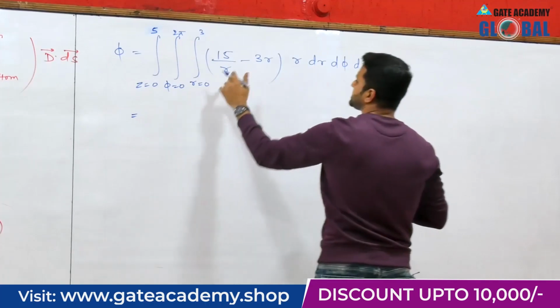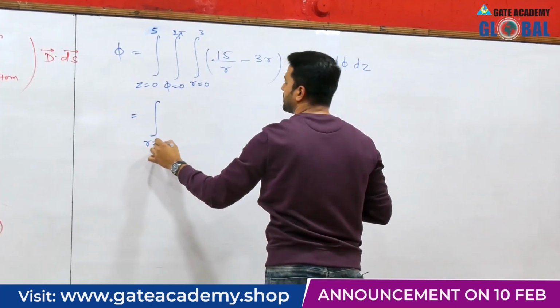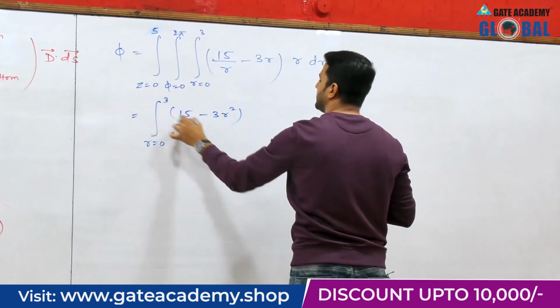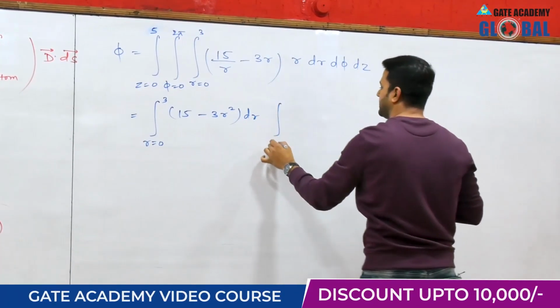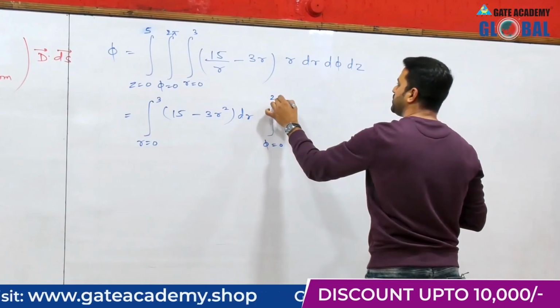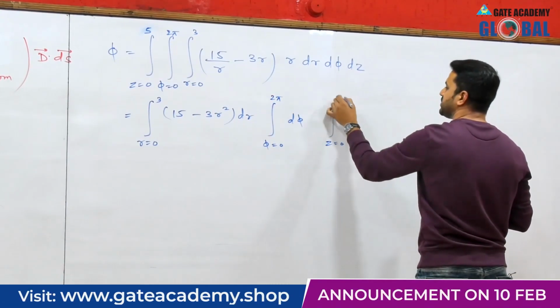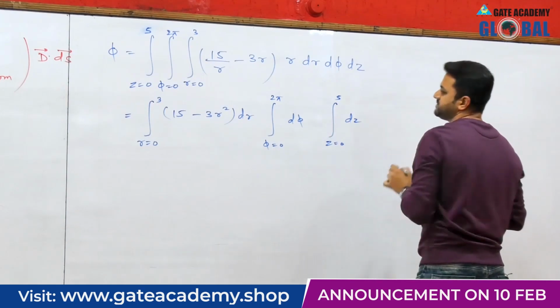When we multiply by r, we get the integration for r from 0 to 3 of (15 minus 3r square) dr, phi from 0 to 2 pi d phi, and z from 0 to 5 dz.